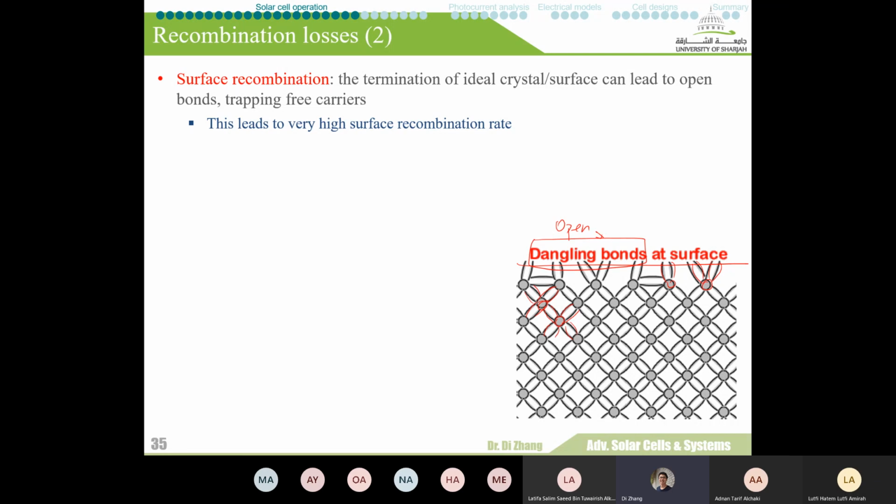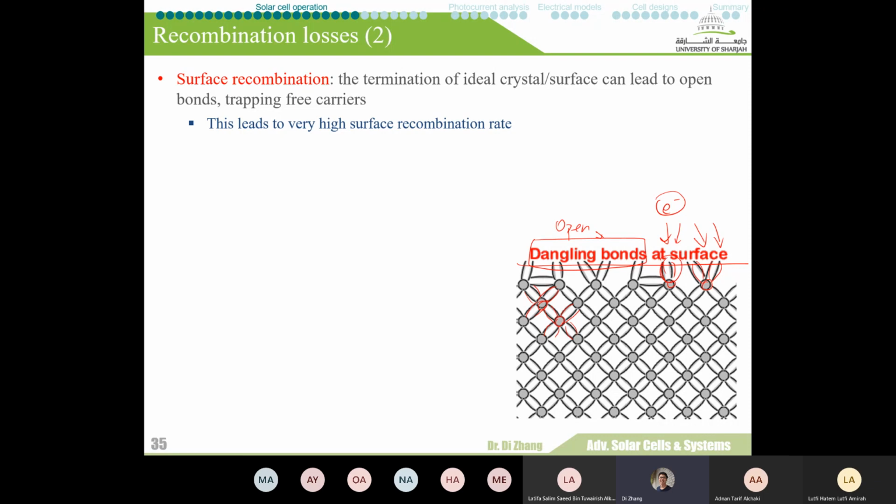Open bonds means that these bonds are short of one electron, and therefore they are always attracting free electrons. So if you generate free electrons and free holes, the free electron has the tendency to be attracted to the surface, and if attracted to the surface, it will get recombined by these bonds.